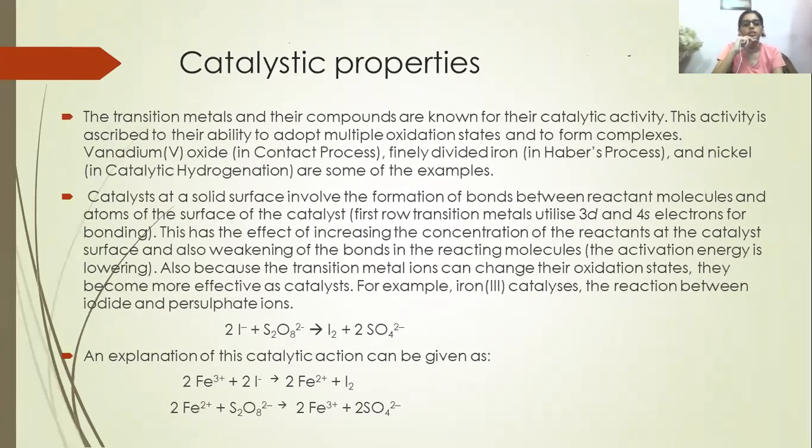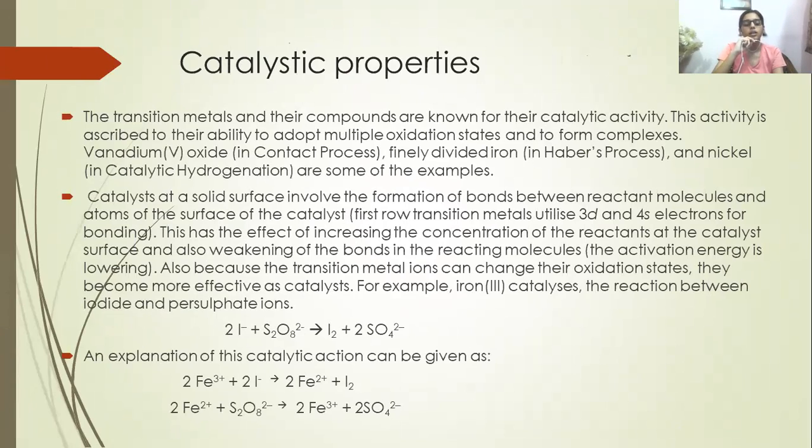Catalytic properties. The transition metals and their compounds are known for their catalytic activity. This activity is ascribed to their ability to adopt multiple oxidation states and to form complexes. Vanadium oxide in the contact process, finely divided iron in Haber's process, and nickel in catalytic hydrogenation are some of the examples.